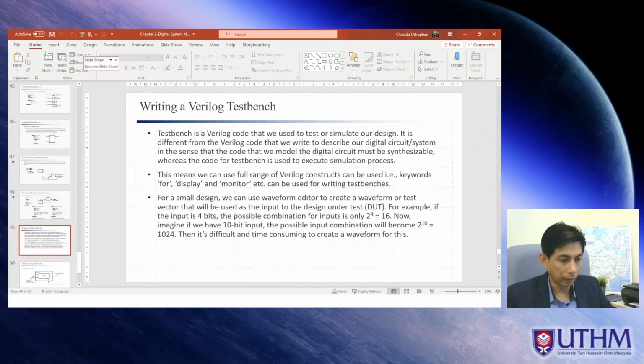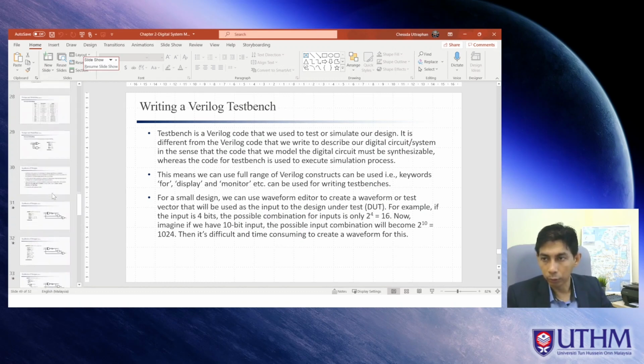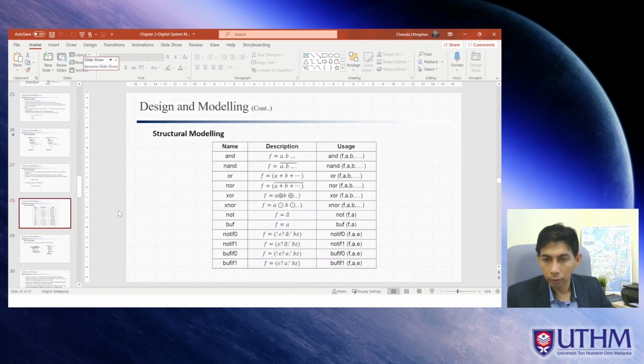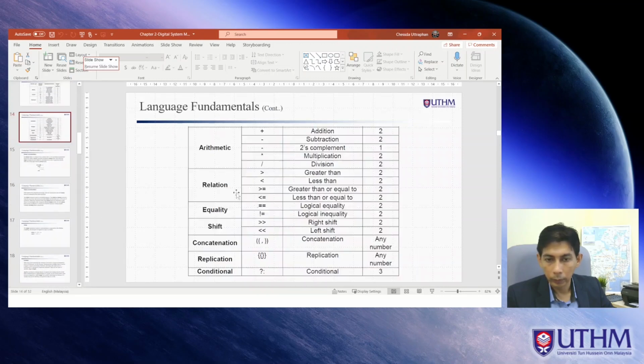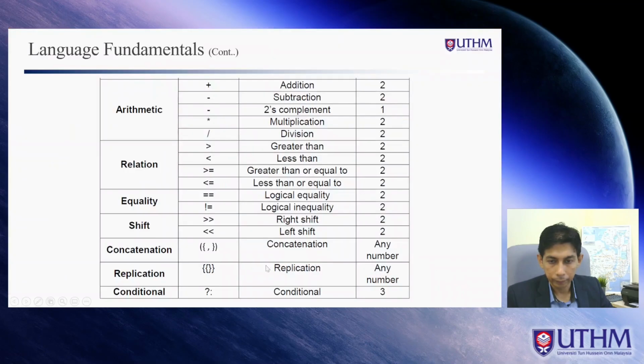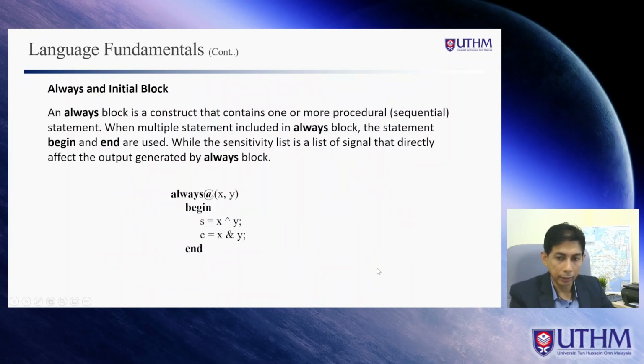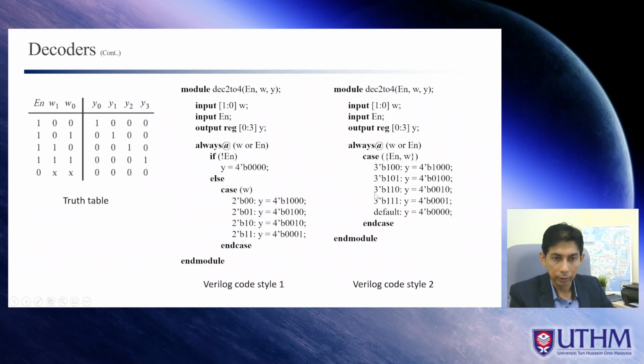Again, when we go back to chapter 2, this is concatenation. Concatenation is to combine signals, meaning that we combine En and W into one.